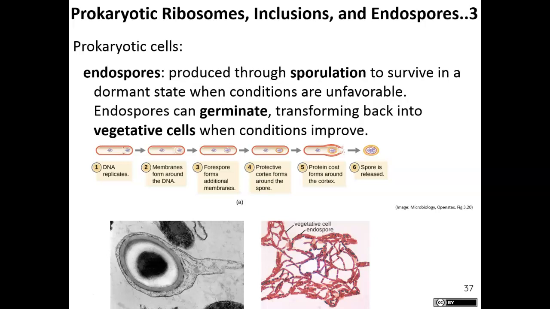Because if it's old, then they're going to produce a lot more endospores because the environment is no longer favorable. Does that make sense? It should make sense, but if it does not, then you can ask me. And here's another picture of an endospore from your textbook.